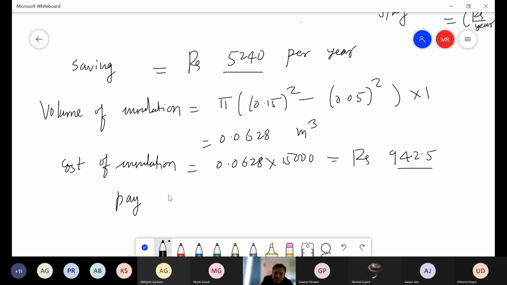So the payback period in this case will be 942.5 divided by 5240. So this comes around, how much is the value?